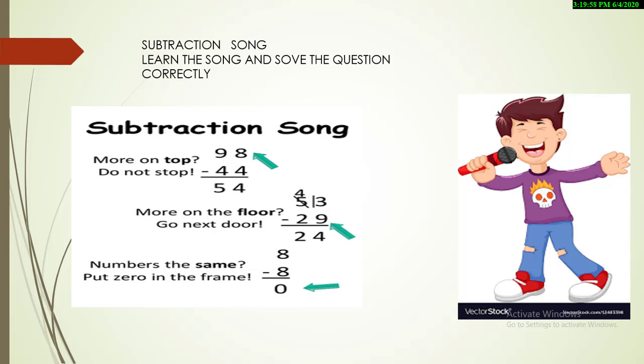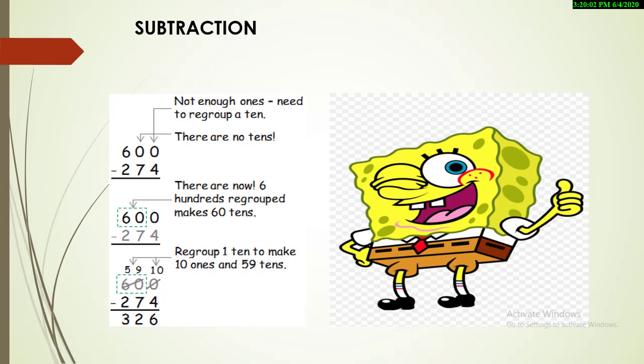So let's start our work of the day. This was just a song, so let's move on to your first subtraction question. Why did I select this slide? Because whenever I give this kind of question in the test or as classwork for self attempt, a few of my students make a mistake.